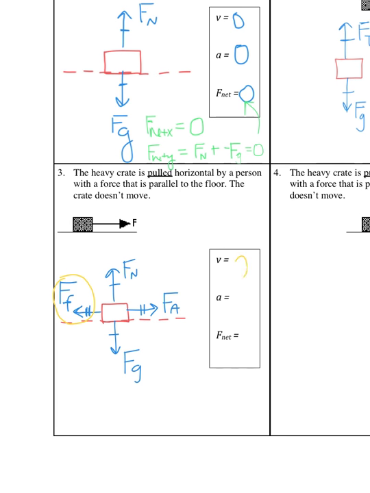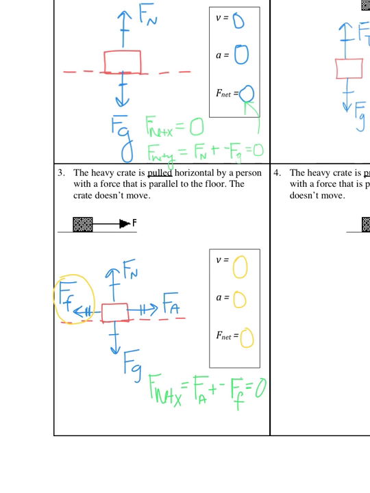So my velocity is 0, acceleration 0, net force is still 0. And if I write my net force equation, now I have forces in the x direction. So I'm going to say F applied plus a negative force of friction is 0. If you had those flipped, that's okay. It just has to be one plus a negative the other.